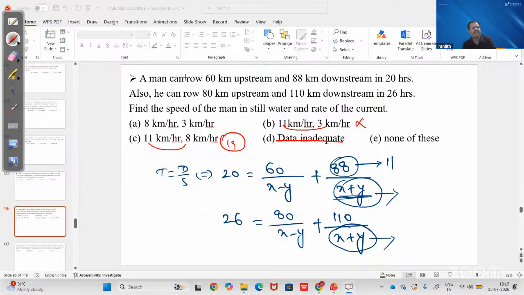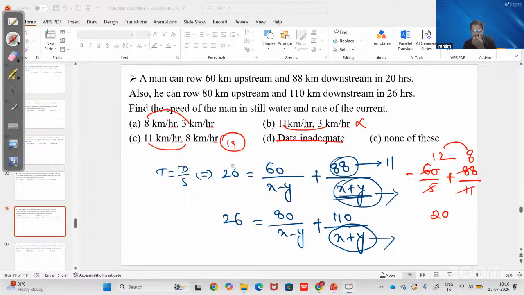8 plus 3 equal to 11. 8 minus 3 will be equal to 5. If I substitute, 60 by 5 plus 88 by 11, 12 plus 8 equal to 20.